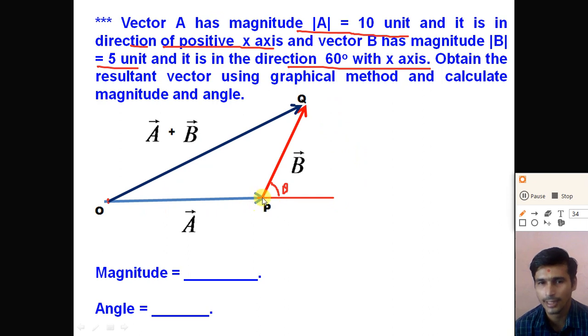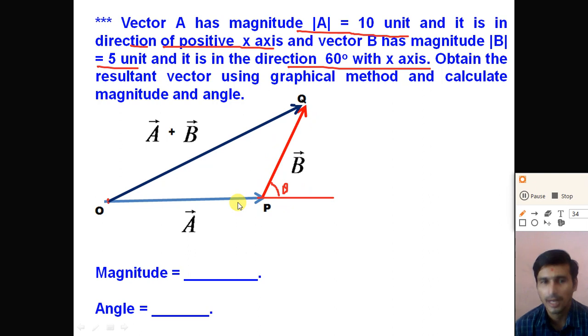On the head of vector A, draw vector B, which is in the direction of 60 degrees with the x-axis and which has a length of 5 units.